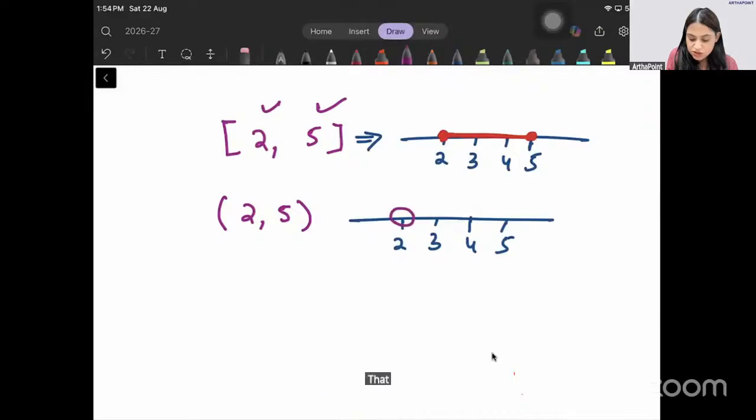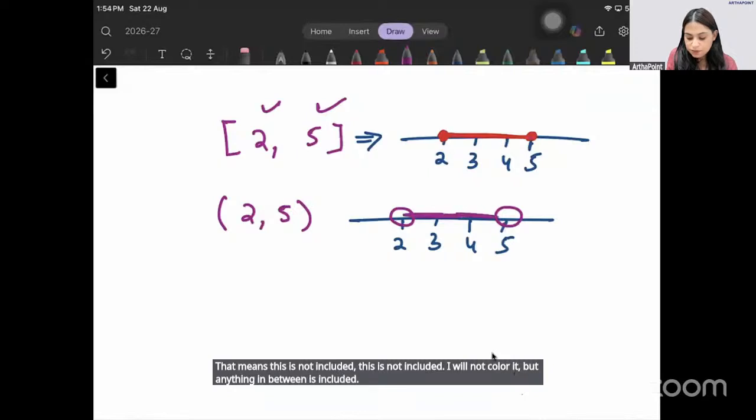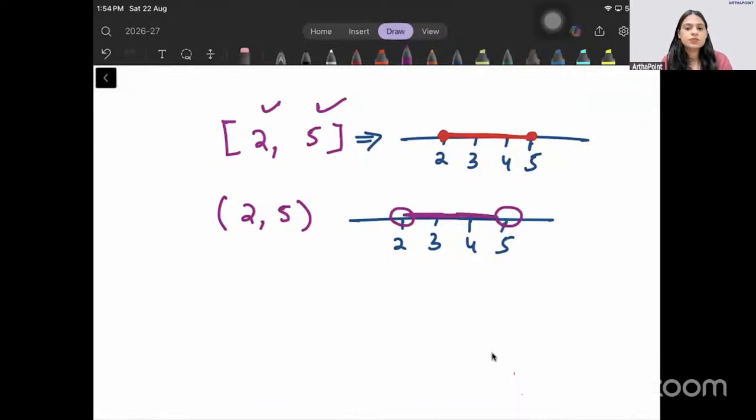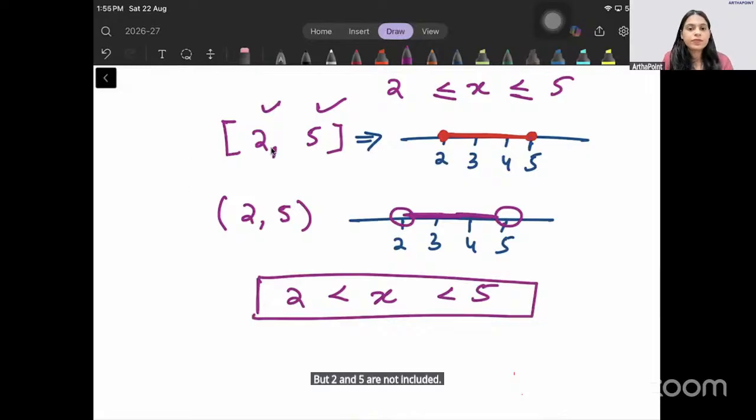That means this is not included, this is not included. I will not color it, but anything in between is included. So here x is between 2 and 5, and 2 and 5 are also included. Here x is between 2 and 5, but 2 and 5 are not included.